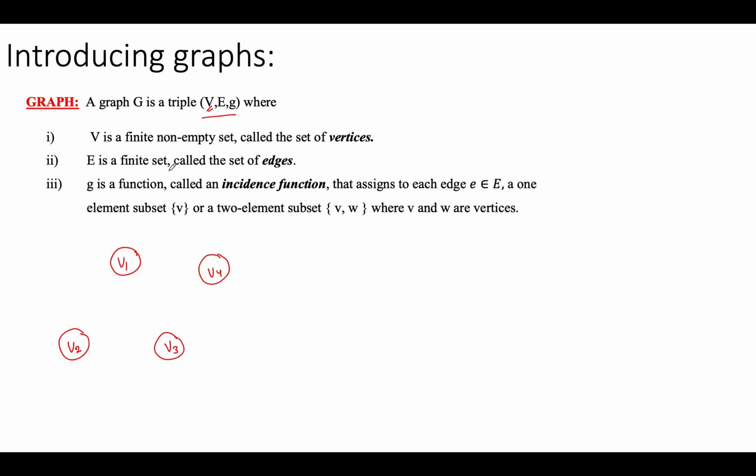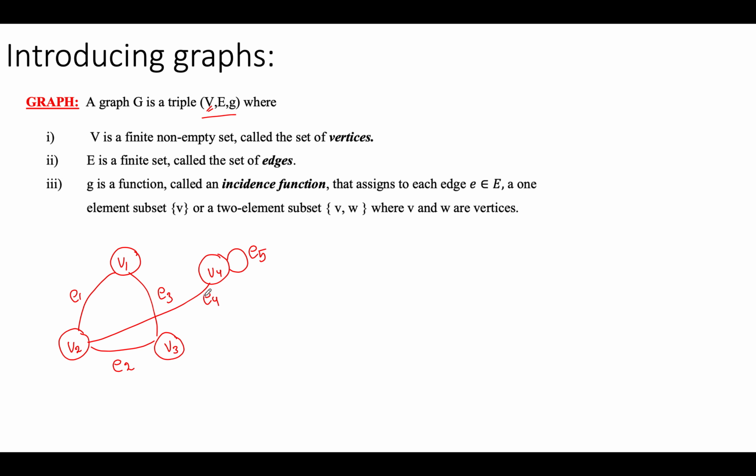Now those vertices are connected to each other through edges. So here we have E1, E2, E3, and here we have E4 and E5.